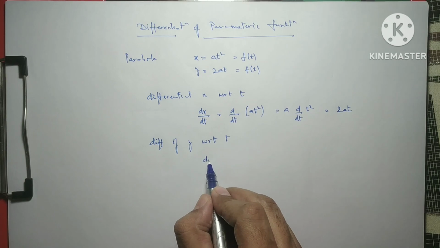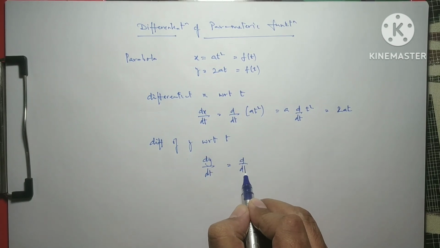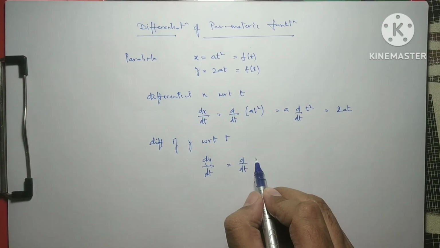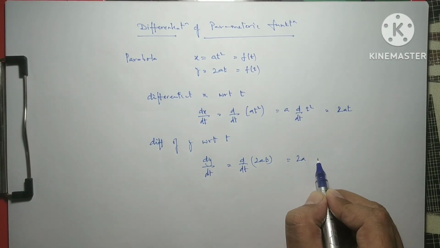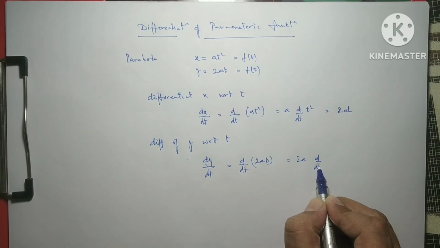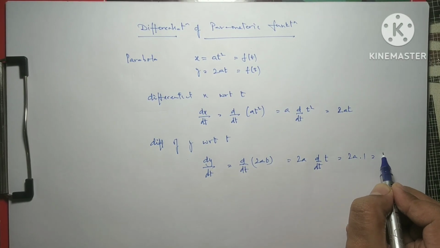So dy by dt means d over dt of 2at. So 2a is constant, so we extract it, and the differentiation of t with respect to t is 1. So 2a into 1, that is 2a.